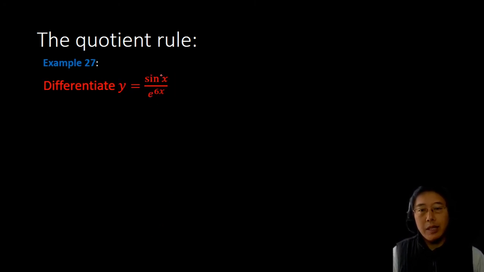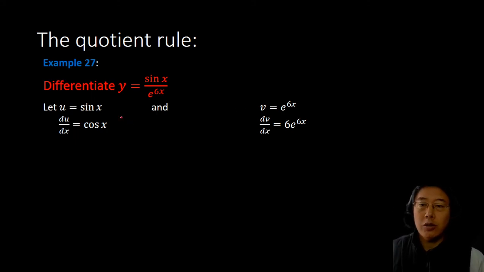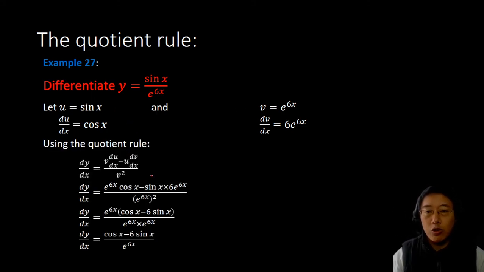Alright, next one, it's sine of x over e of 6x. E of 6x, you might need to use the chain rule. By using the chain rule, you get a 6 in front, and for each numerator function and denominator function, you differentiate, and you apply the quotient rule.